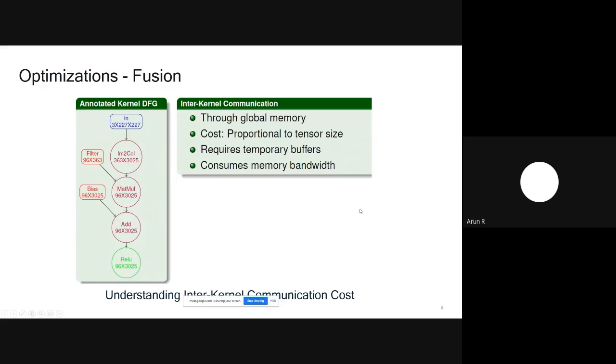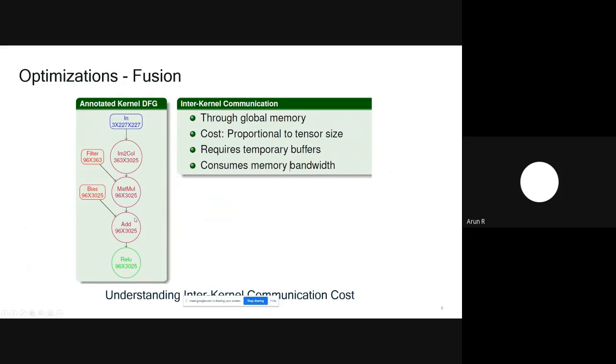Why is it important? Because interkernel communication happens through global memory, and the cost of that communication is proportional to tensor size, and it also requires temporary buffers. In this graph, only the output of the ReLU is visible to the outside world.